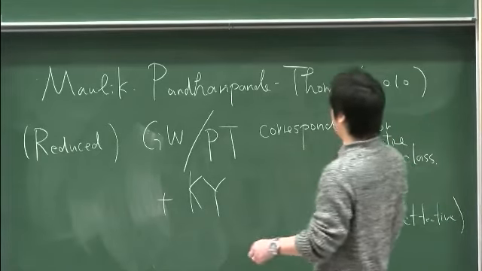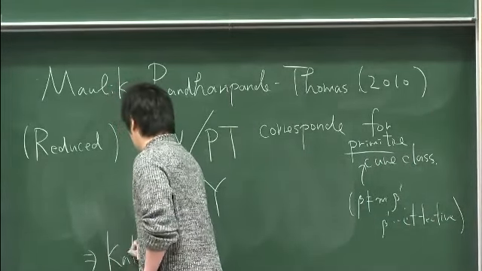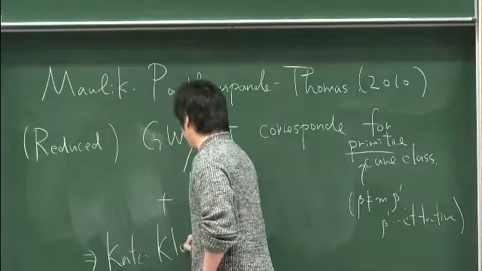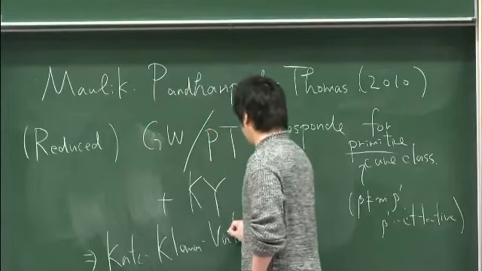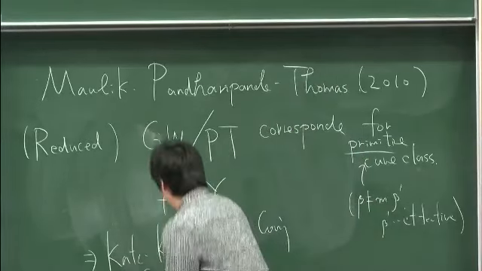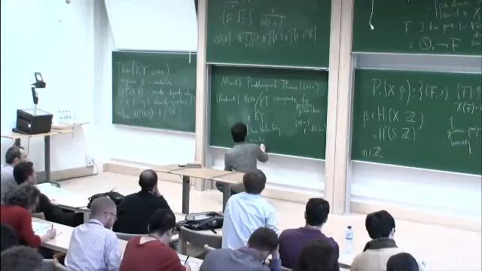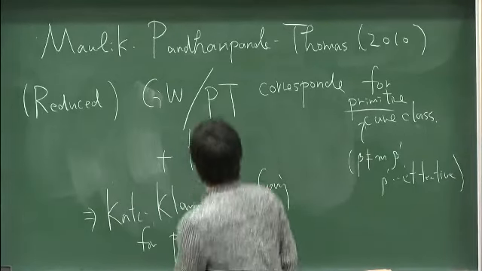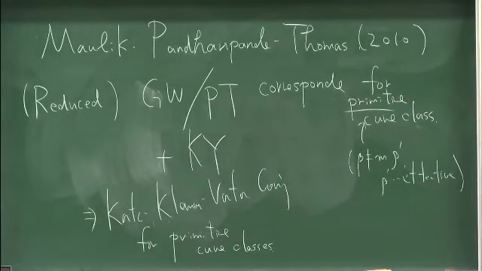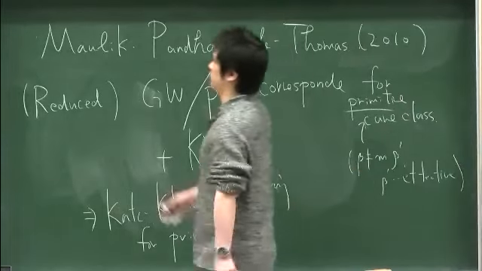Then combining these two arguments, they prove the so-called Katz-Klemm-Vafa conjecture for primitive curve classes. But all the argument works for the assumption that the curve class is primitive or irreducible.